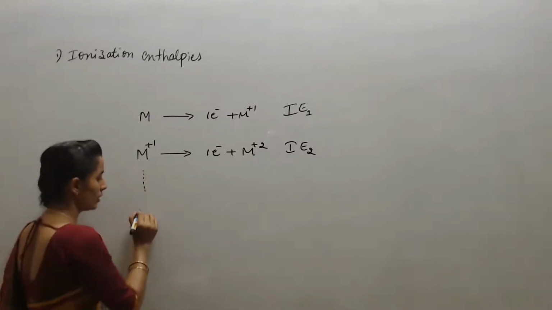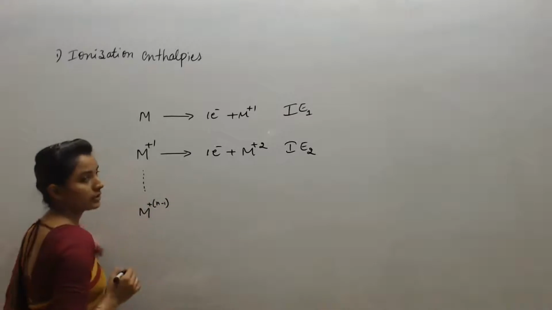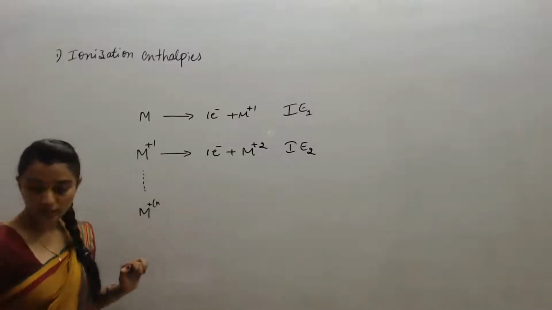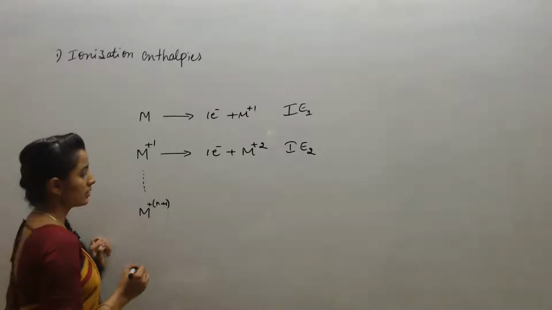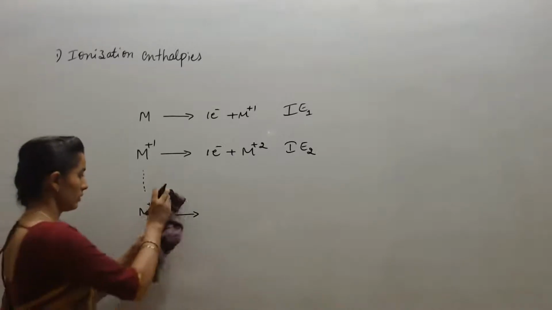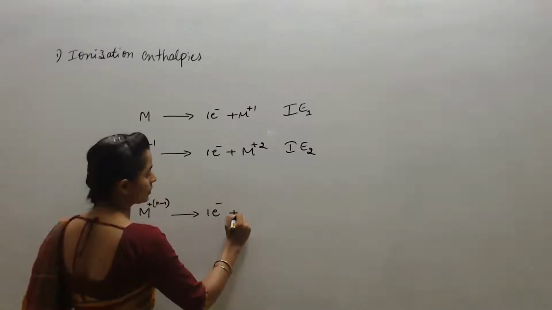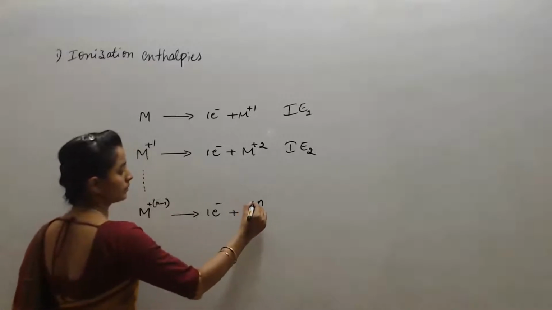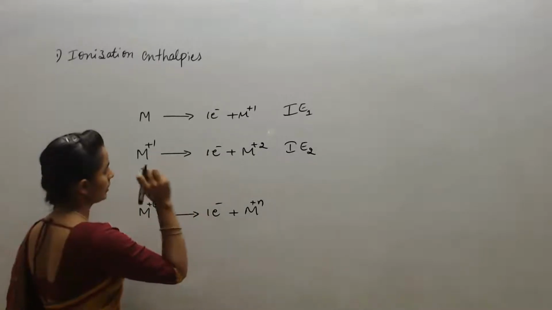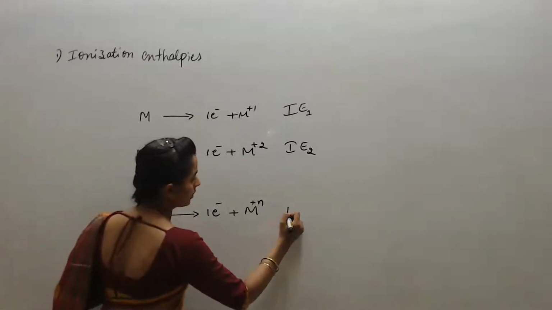Similarly, keep on moving. If an M to the N minus 1 plus ion loses another electron, you get the M to the N plus ion, and we get IEN.